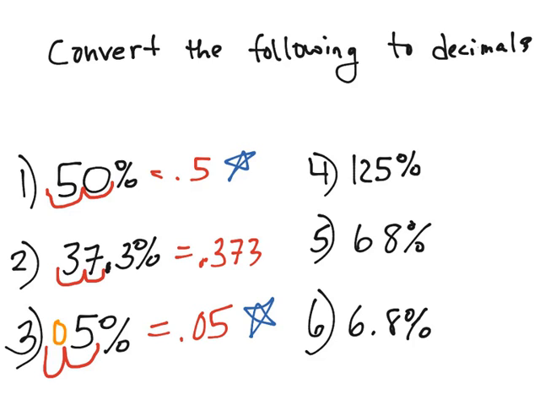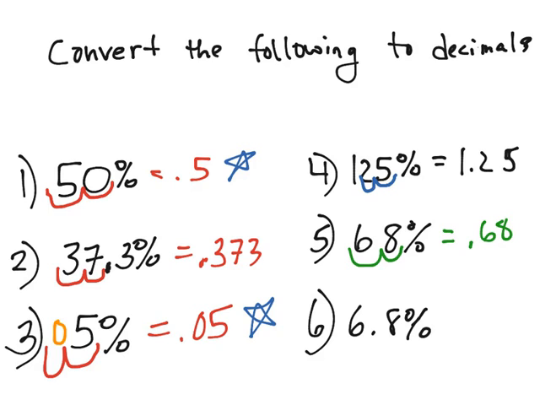Okay, for number 4, we're going to shift the decimal point to the left twice, and we get 1.25. It's okay that you have a whole number out front. It happens sometimes when you have percents that are greater than 100. Okay, 68%. We're going to move the decimal point left twice, and that's going to equal 68 hundredths.